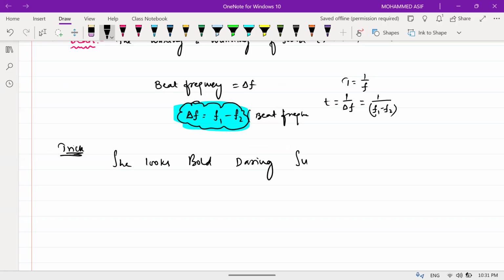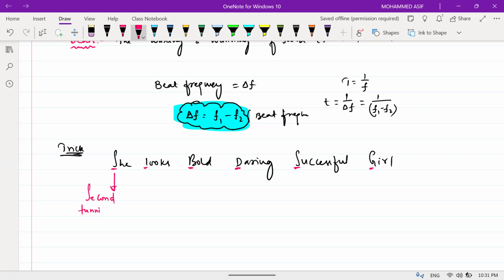Here is a mnemonic: she looks bold, daring, and successful girl. In this one, remember the first term of each. S represents the second tuning fork.